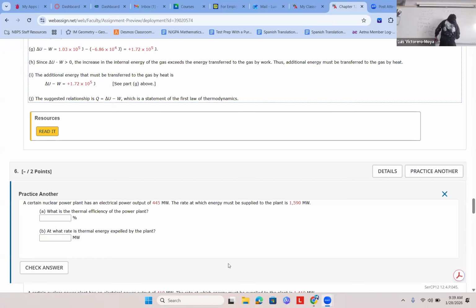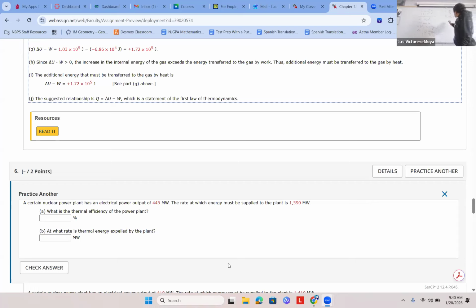efficiency? The efficiency for a thermal machine or any machine is the work over QH. And the energy in the cold spot is the energy in the hot spot minus what? Unless you're talking about a refrigerator or an AC machine, remember.